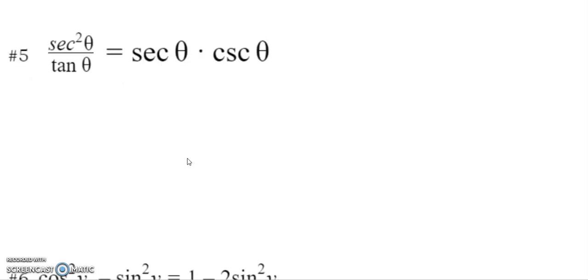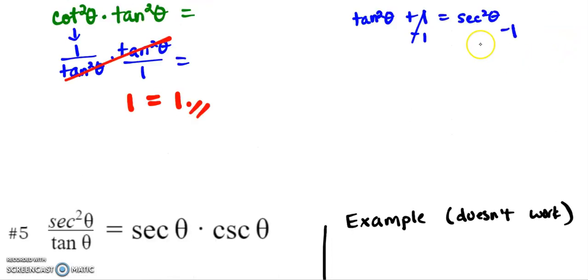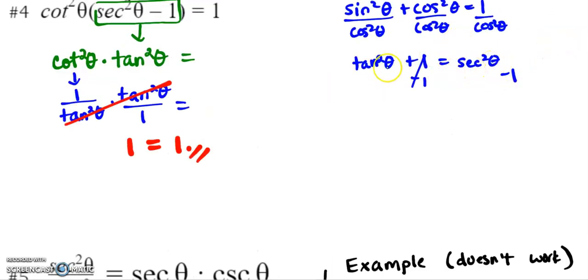Well, this is the one when I looked at these, I went, this one I might try, and I might do something that doesn't work. Like, for example, I'll give you an example of what you could do. Don't write this down. Just a little example of that doesn't work. We just saw that secant squared is tangent squared plus 1.